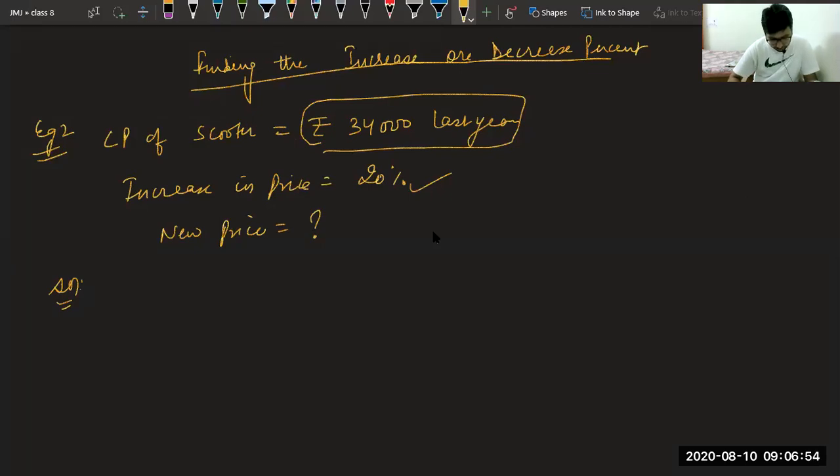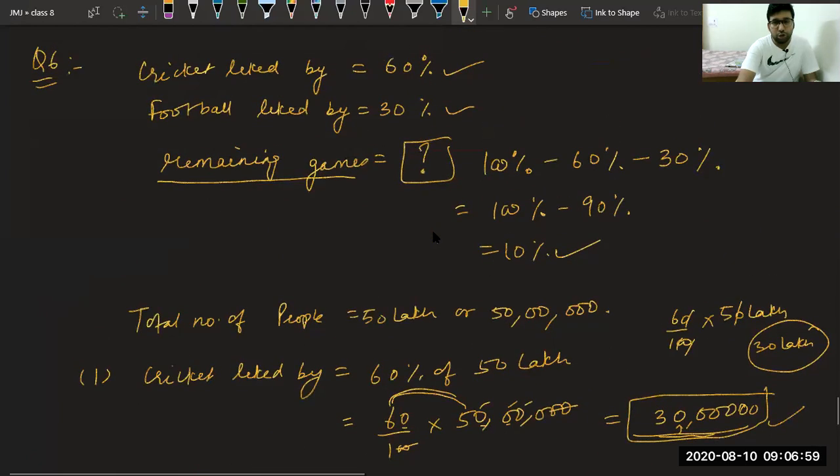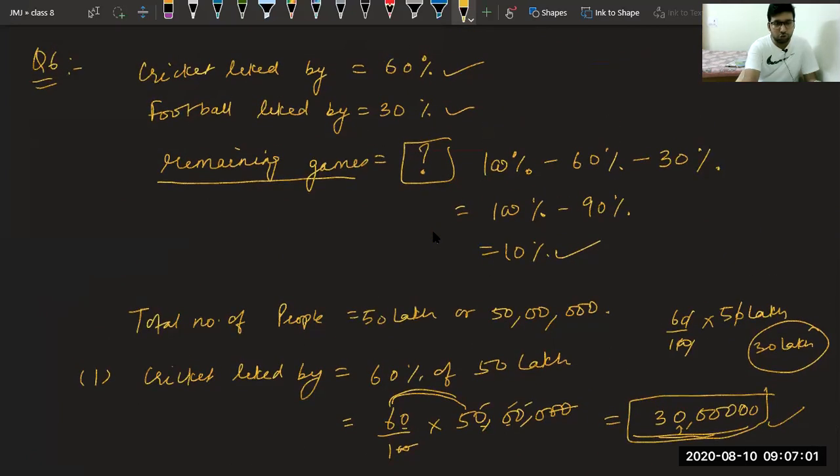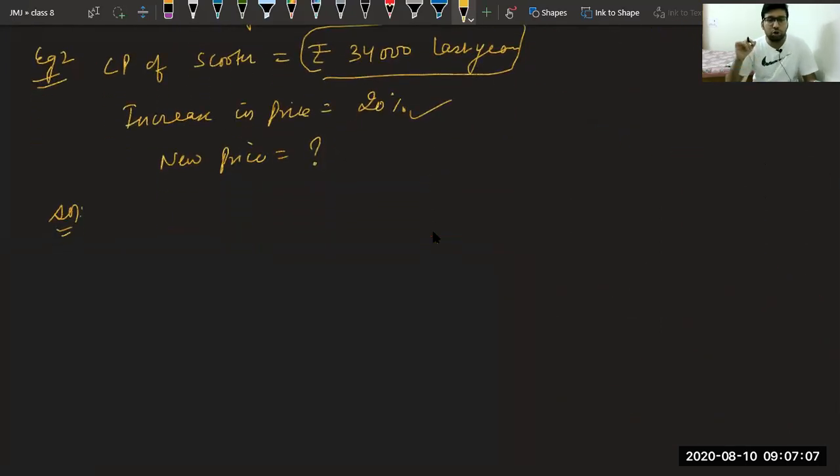Take a second. You have to solve the remaining parts of question number 6 on your own. Now, class, please answer. If the scooter cost was 34,000 last year and there is an increase of 20%, how much price do we have to pay now? Smriti is giving the answer.